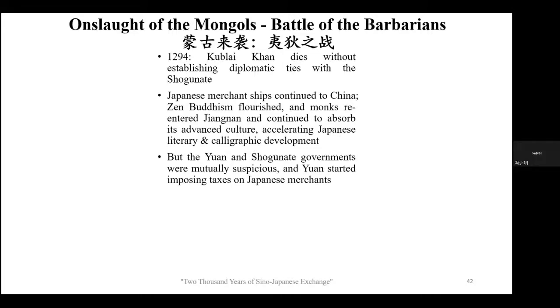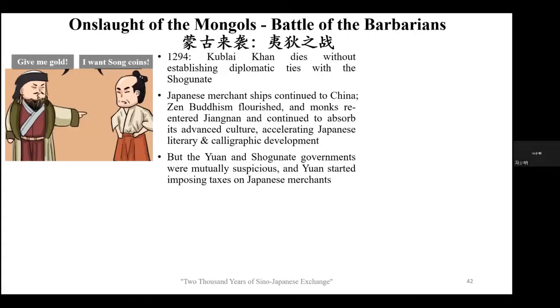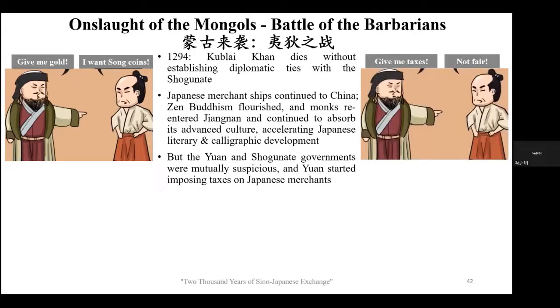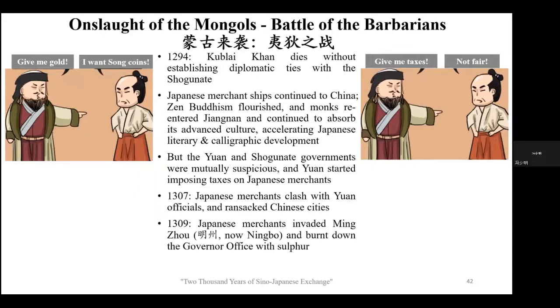But the Yuan and the shogunate governments were suspicious of each other. And the Yuan government now started to impose tax on the Japanese merchants, right? But the Japanese said they wanted Song coins, right? And they didn't want to pay taxes. So in 1307, the Japanese merchants clashed with the Yuan officials and ransacked several Chinese cities.